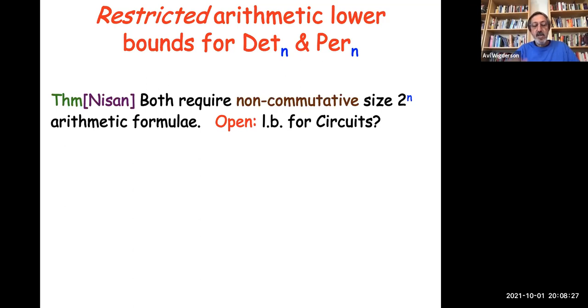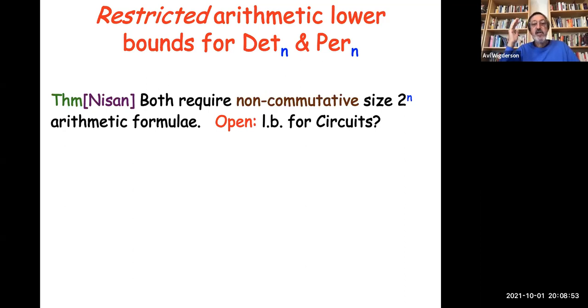Maybe I should mention that Pavel Hrubeš and myself extended this result to work even for formulas with division. Even if division elimination is not obvious in non-commutative circuits, the same is true for formulas with division. But anyway, for circuits, forget division. We have no lower bound. That's a great challenge, I think.